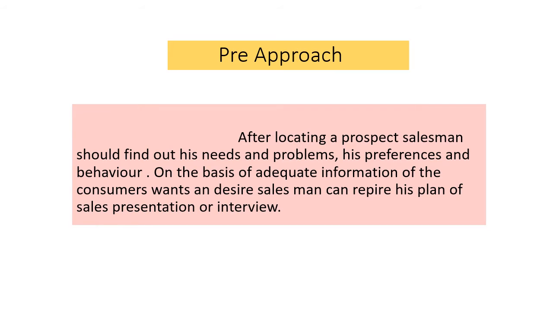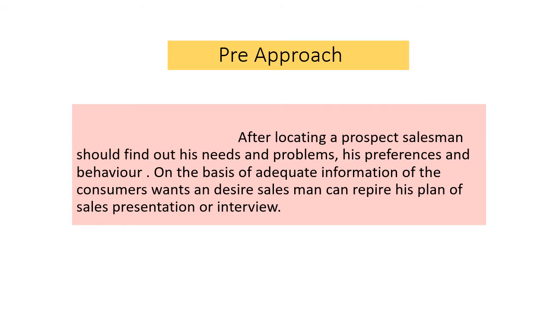The third stage is pre-approach. After locating a prospect, the salesman should find out the needs and problems, his preferences and behavior. The product may have to be tailored to the specific requirement of the customer.